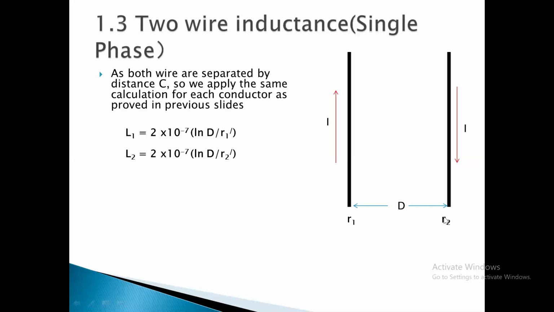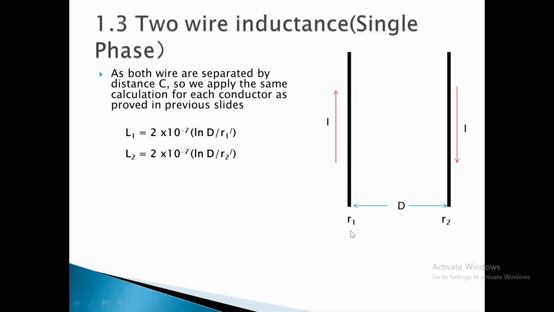Now here is what we have to understand. In the inductance we are including two distances. One distance is R1, the radius of this line, and the second is D at this point. Because in this area there are two conductors, I have to include the effect of both conductors.